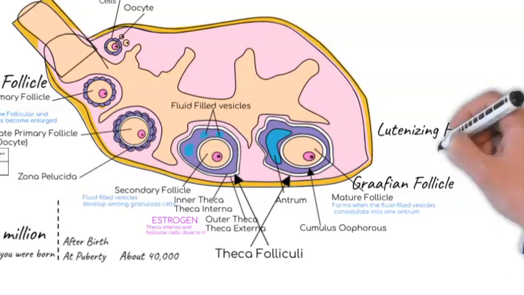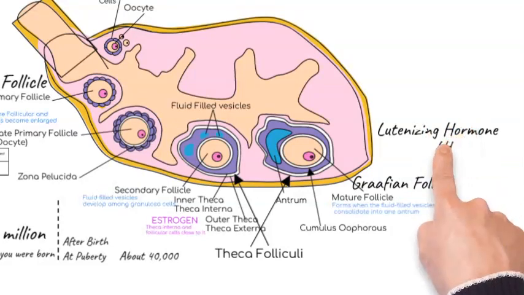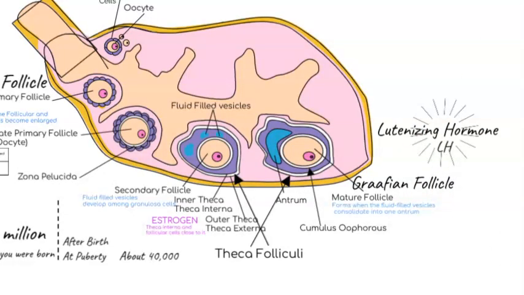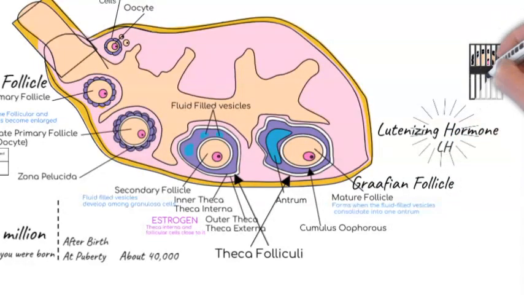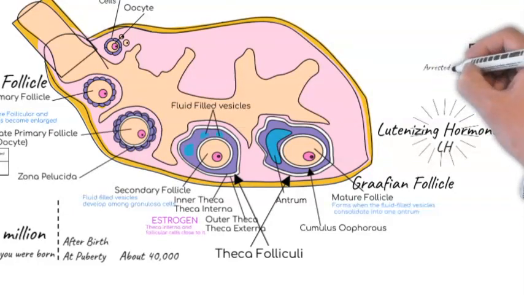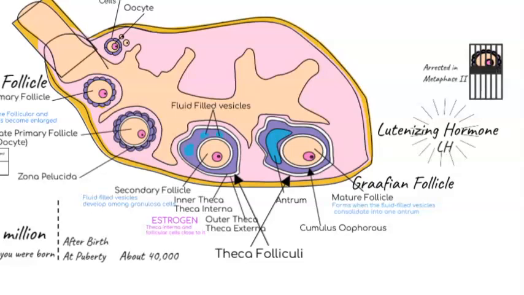So remember, we had follicle stimulating hormone, FSH, to begin the cycle, to stimulate the follicle to grow. Now we have luteinizing hormone that stimulates ovulation. The concentration of luteinizing hormone in your blood circulation goes up. But just 3 hours before ovulation, the second meiotic division arrests at metaphase 2.